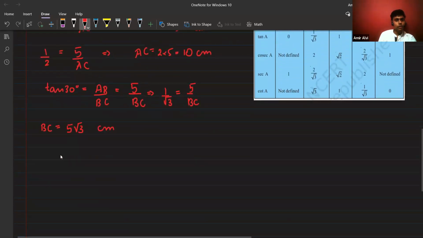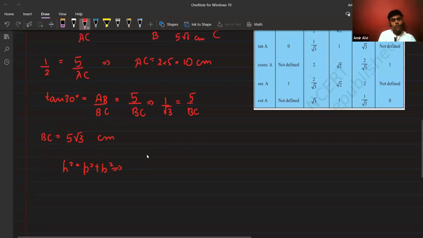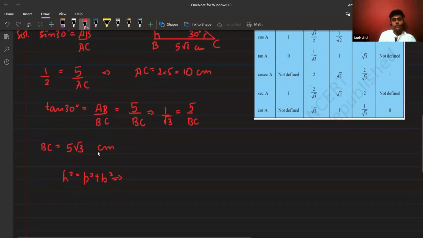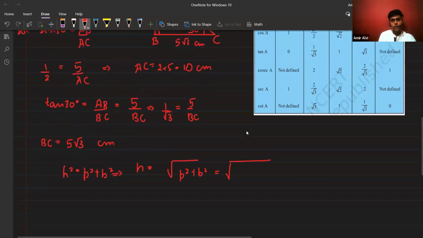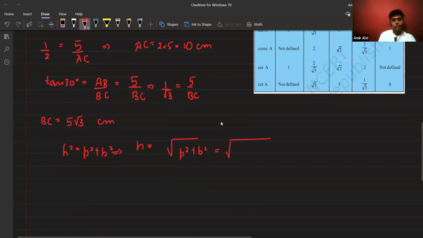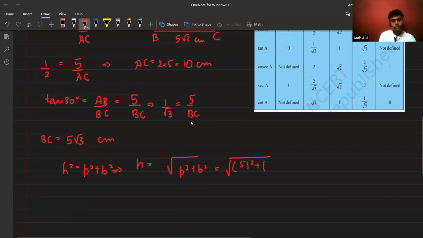Pythagoras theorem is h square equals p square plus b square. If we are going to match the hypotenuse, AC square equals p square plus b square. What is the value of p? 5 centimeter, so we square 5. And the value of b is 5 root 3.